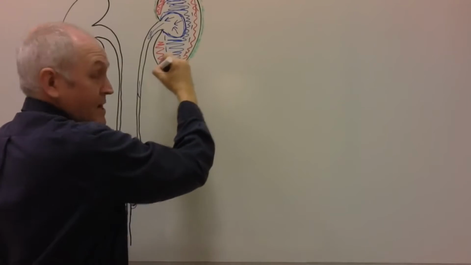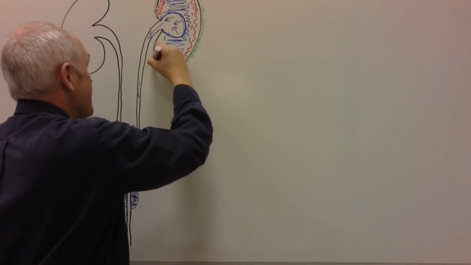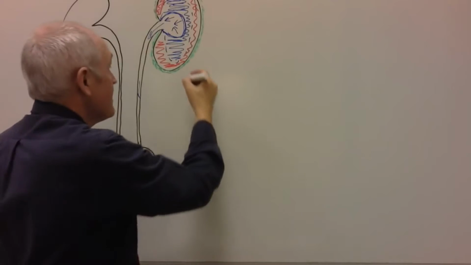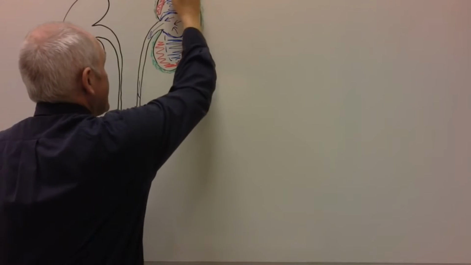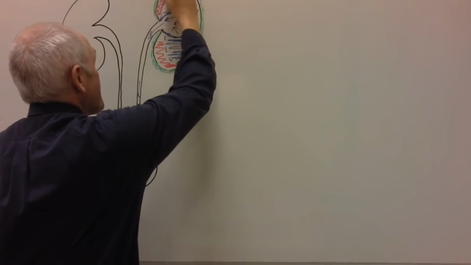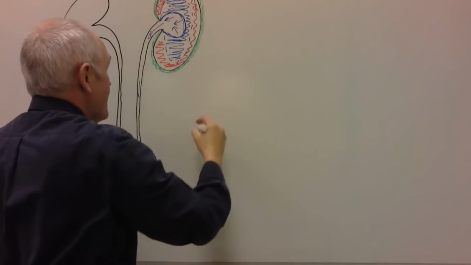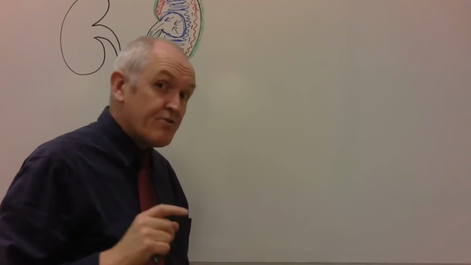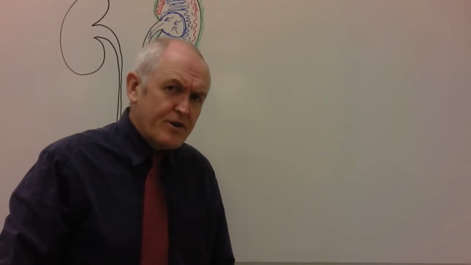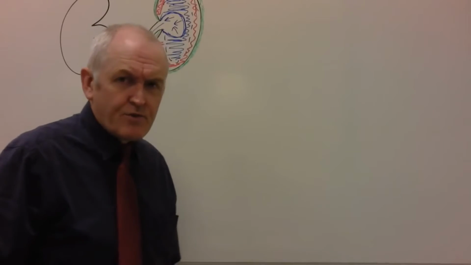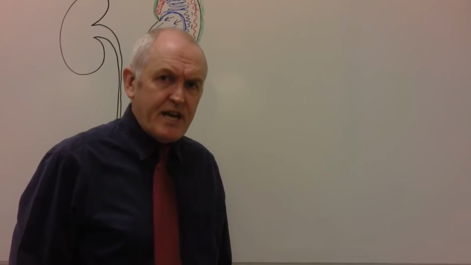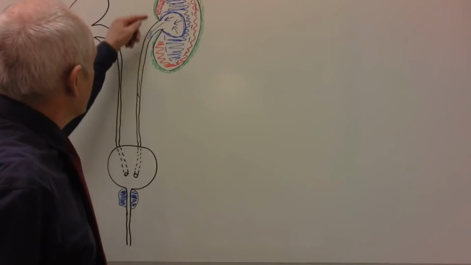It's fairly thin, maybe only 2 millimeters or so thick, but it's tough, proteinaceous, fibrous tissue which is encapsulating the kidney. And this is very rich in pain receptors. Do you remember the specialised name for pain receptors? They're called nociceptors. So the renal capsule is very sensitive to pain because it is rich in nociceptors.